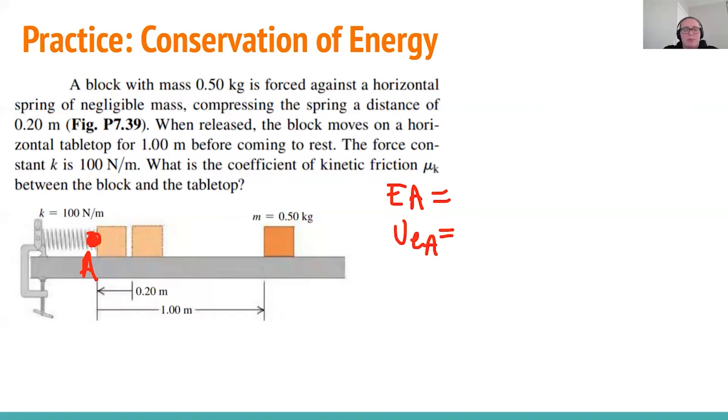What is my secondary point? What's my final point that I'm interested in? This should also be a point that I'm given information about. When the block stops, yes, definitely. That's the other point. I've been given information about 2 points, the point of compression and the point where it stops, so those automatically have to be my points of interest. So energy at B. At that point, what energy should I have?